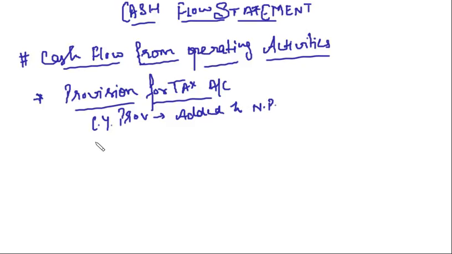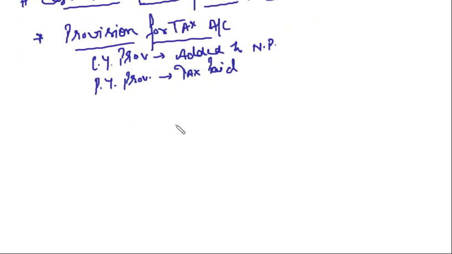So current year provision is to be added to net profits, and previous year provision is considered to be tax paid. Clear?